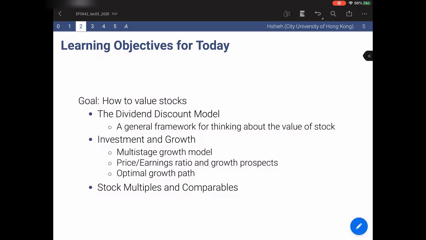Finally, by the end of this lecture, I will talk about stock multiples, which are just other ratios to summarize the performance of the firm. This technique is literally just finding a counterfactual for the firm that you're trying to analyze. For example, suppose you computed the price to earnings ratio of a firm you're trying to value, but you want to know if this firm is underperforming or overperforming.